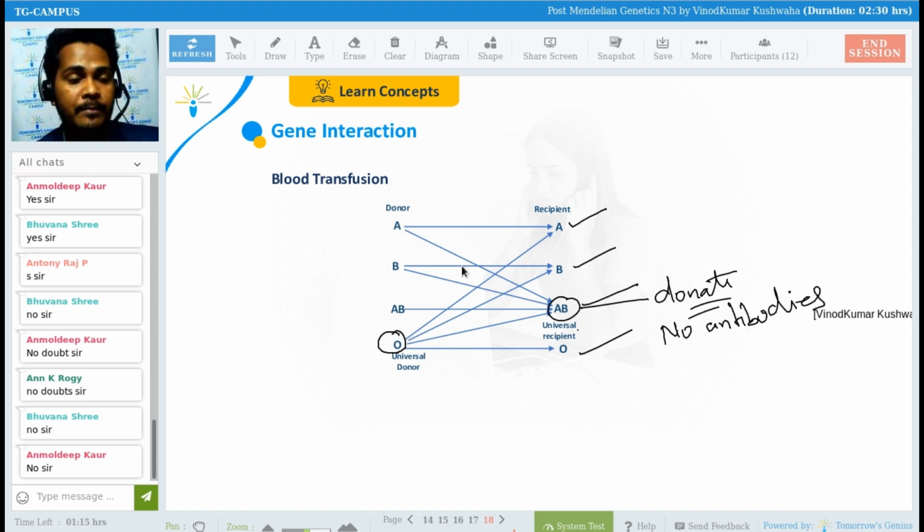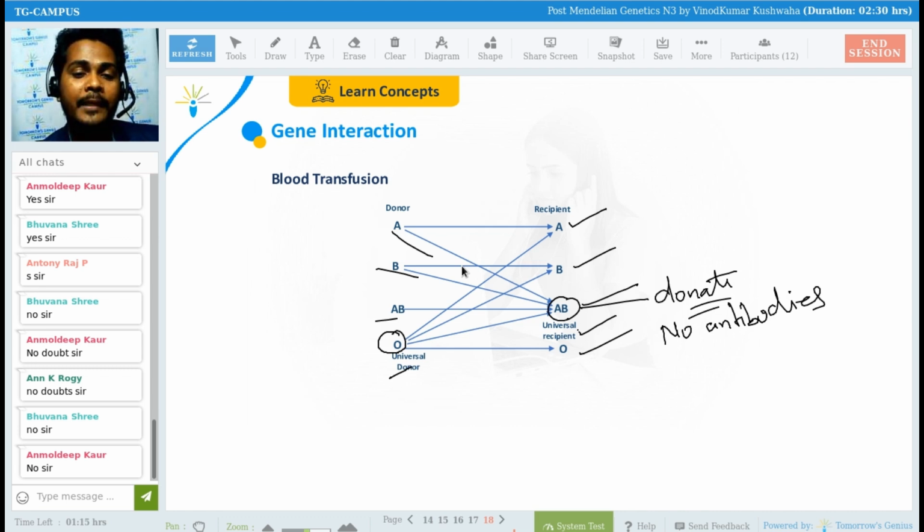This is the simple concept to remember. They can receive blood but cannot donate.